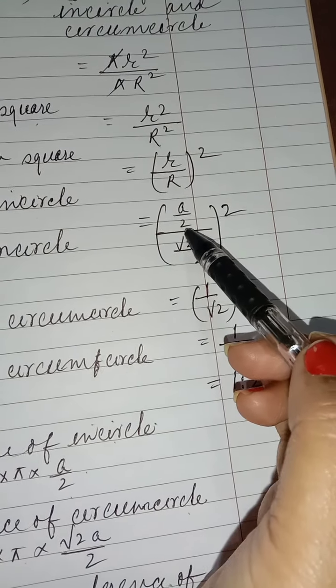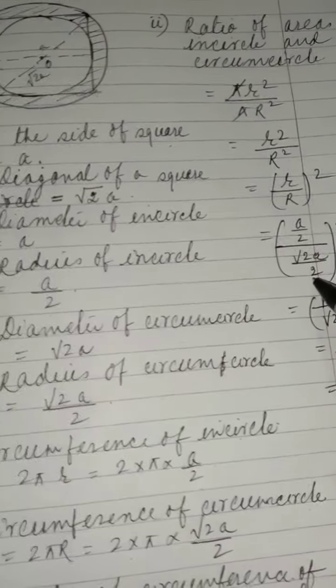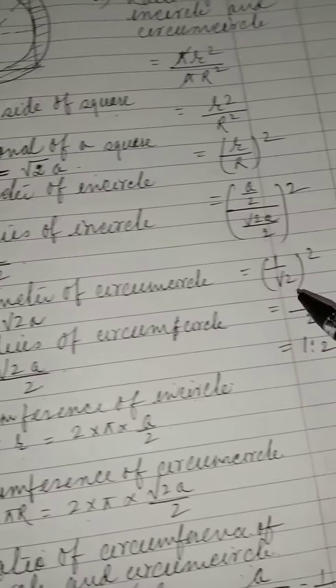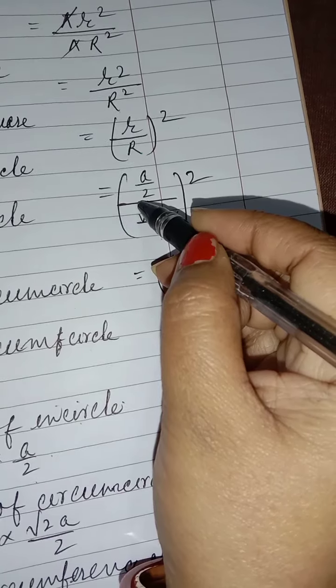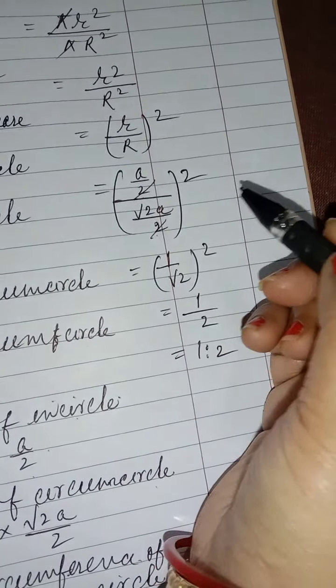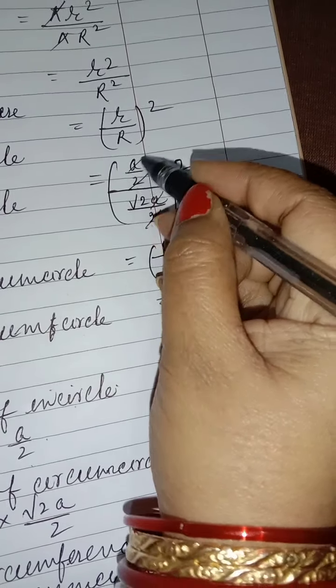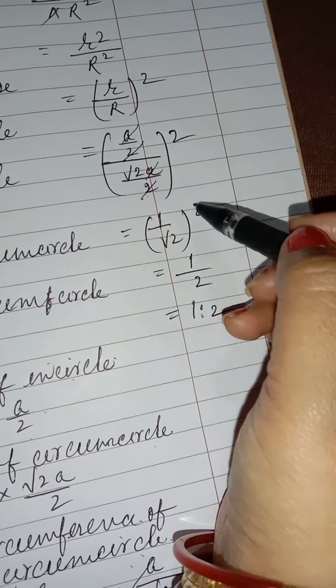Now small r's value is a by 2 and capital R's value is root 2 a by 2. So it's substituted. This denominator 2 will be cancelled, and this a and a will also be cancelled. So what we will get is 1 by root 2 whole square.